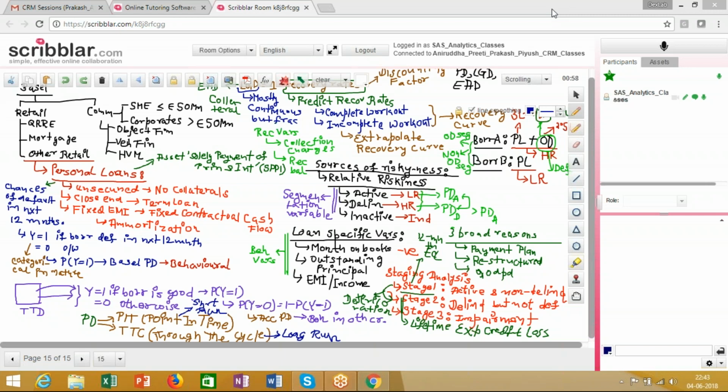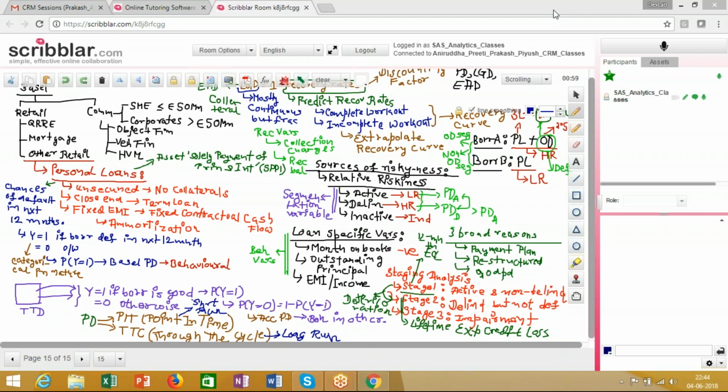You are using a long period of data, such that it covers all possible loss behaviors, and based on variables which do not change over the cycle, we try to develop a model. But finding such variables which do not tend to change over the cycle becomes very difficult. So when we talk about probability of default estimates for regulatory models like Basel, we end up doing a through the cycle kind of PD, which is developed mostly by business model teams.